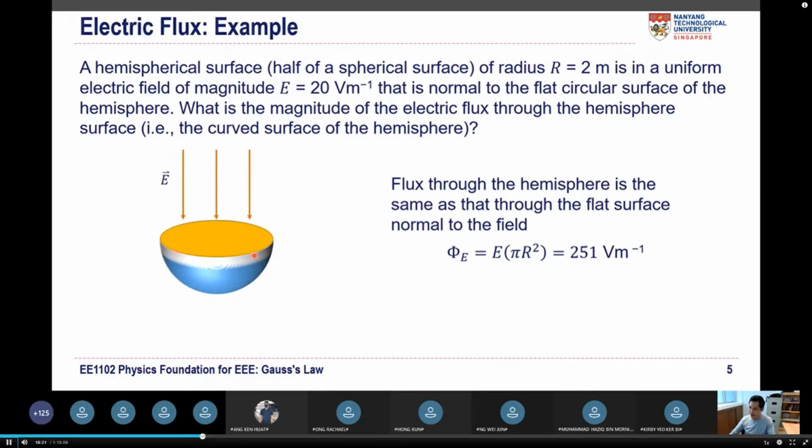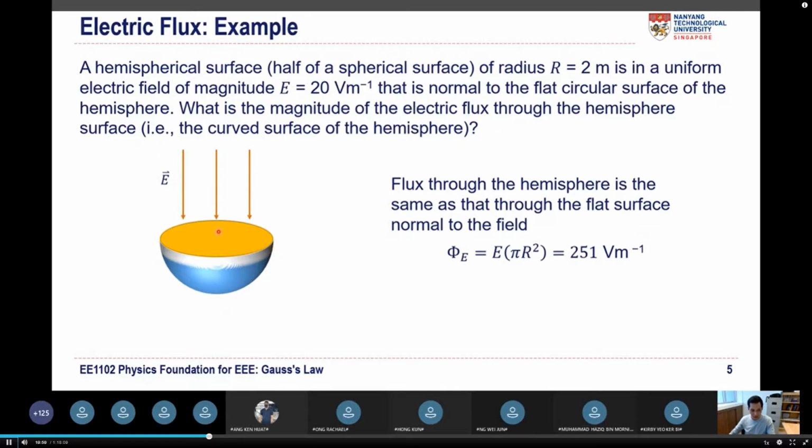So how would you do that? If you try to calculate the electric field going through all over there, that's actually going to be quite difficult. But you can see that, because the field is at 90 degrees to this yellow flat surface, whatever lines are going through the yellow are going to be exiting through this blue surface, right? So we can make use of that. We calculate the flux going through this yellow highlighted circle, which is pretty simple.